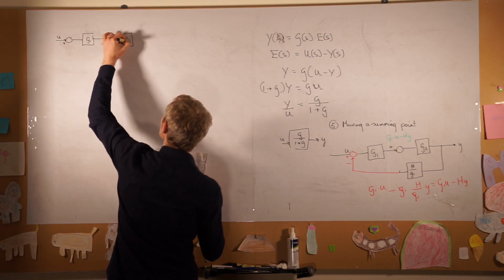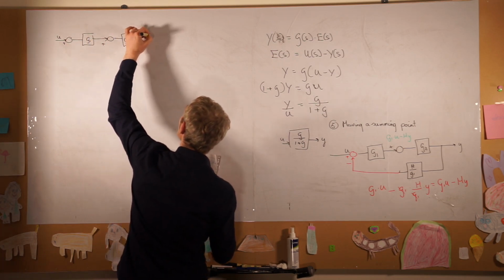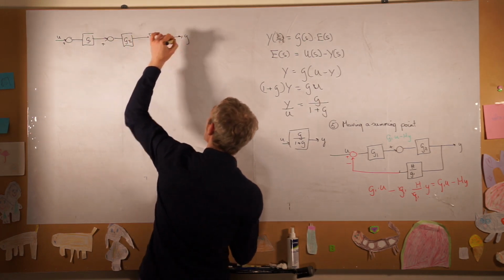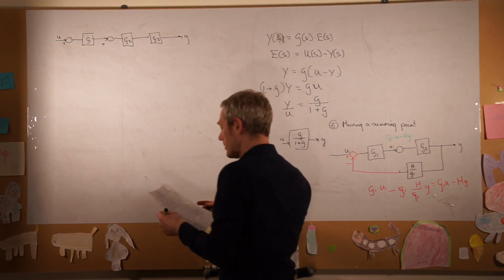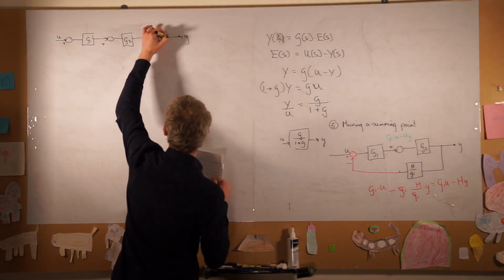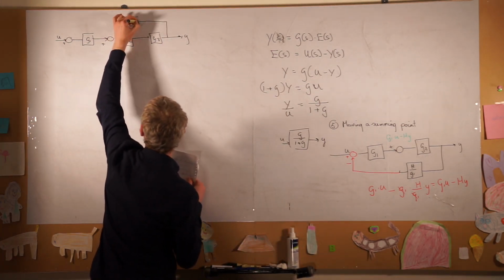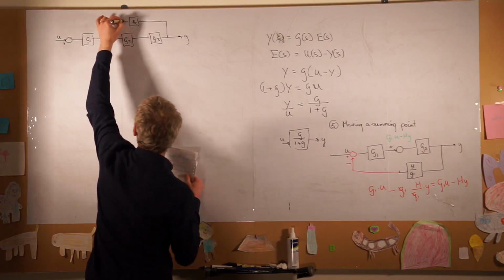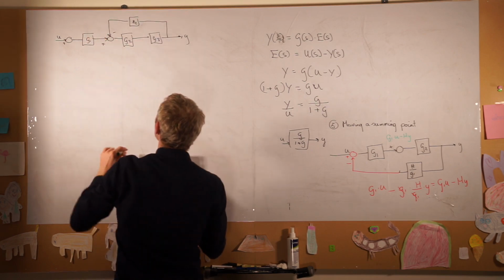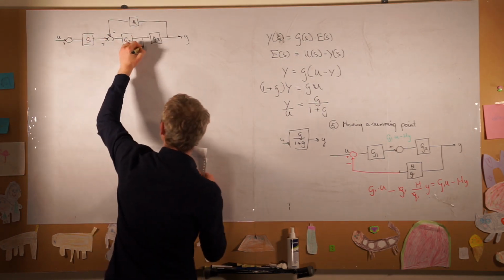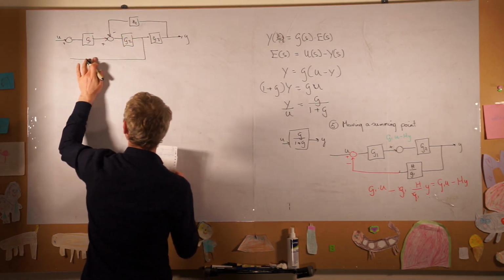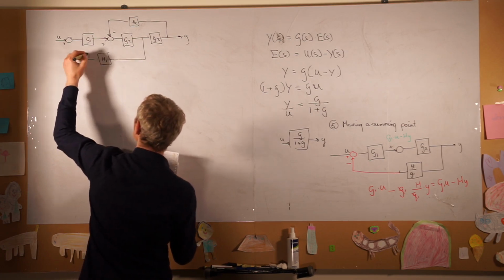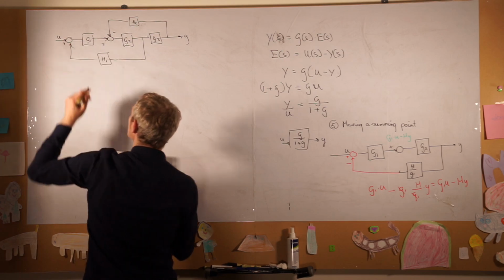I have a system G2 that goes into system G3, and finally I have my output, but I have 2 feedback loops. One starts there, and we have H2 here, and that sums over here, and we cut off a branch here, and we have another form of feedback which we'll call H1 that sums over here.